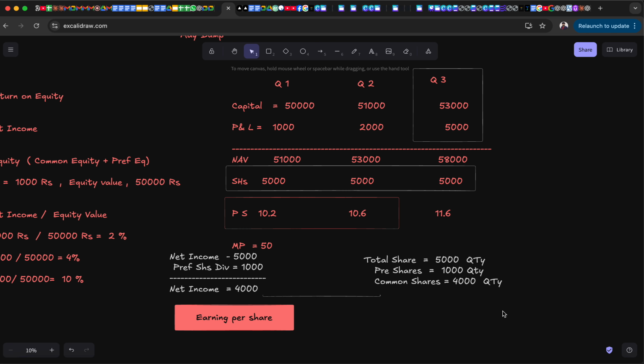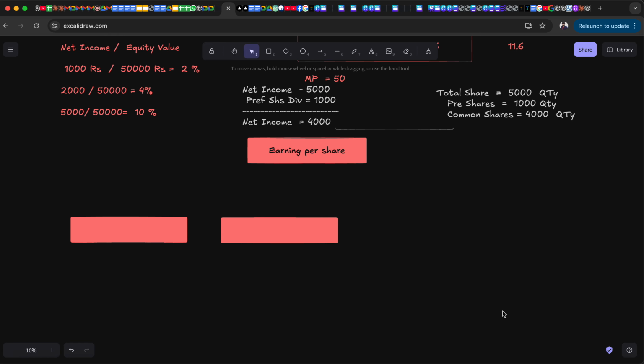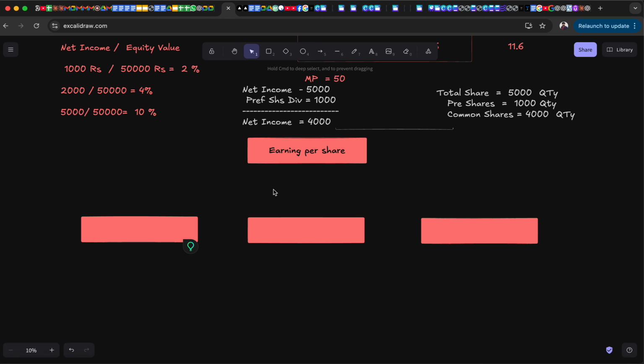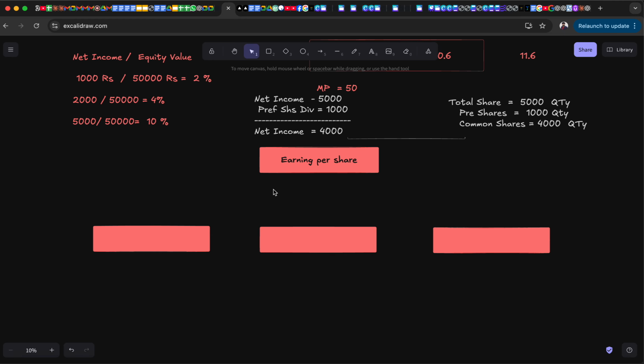And this is where earning per share comes into the picture. Common shareholders basically calculate the EPS. Even preference shareholders also calculate EPS, and the same pattern can be applied to them as well, but in this context we are talking about the common shareholders and their earning per share, right?